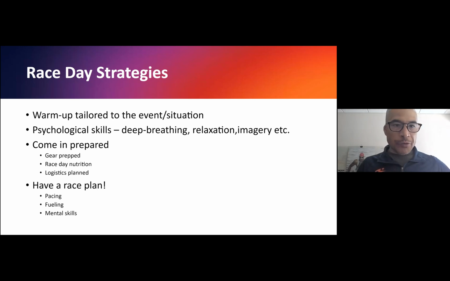All right, and then I'll quickly go through this and then we'll get into the questions. So psychological skills, very important. We all know that racing is incredibly fun. It can be incredibly challenging, and having the right mental strategies to combat any negative thoughts during the race is very valuable.